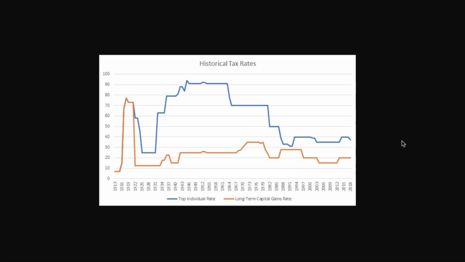So this is how a lot of the wealthy taxpayers, from 1913 to before the 1986 Tax Act, did not pay a 90, 80, 70% marginal tax rate at the highest rate, because they had a lot of their wealth in long-term capital gains.